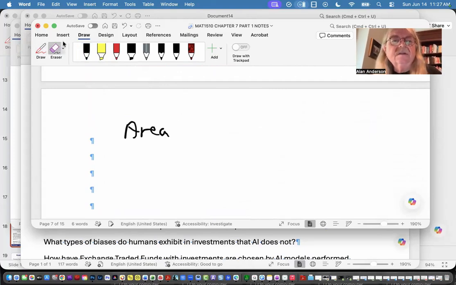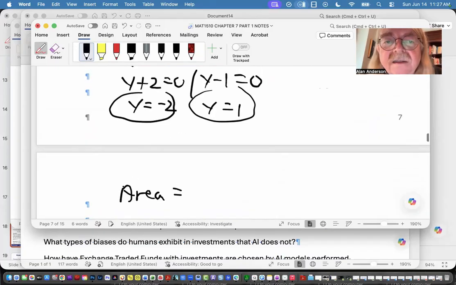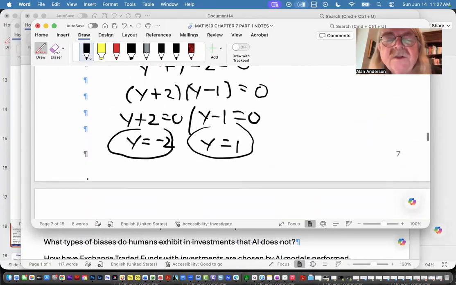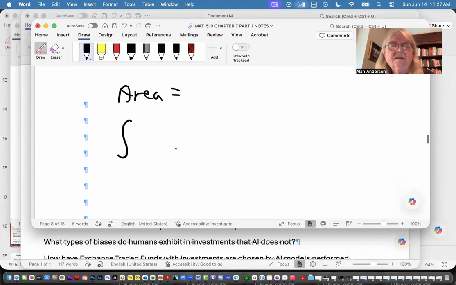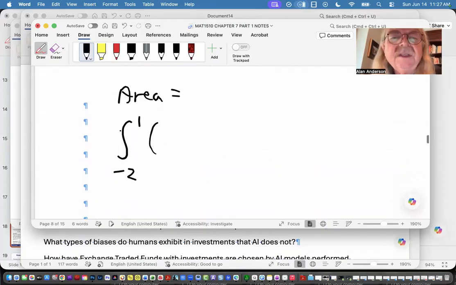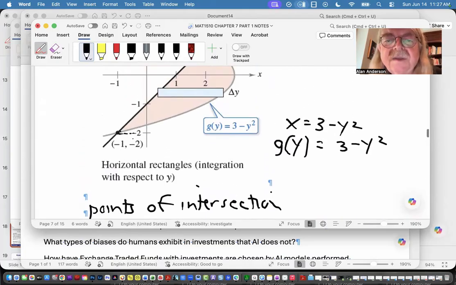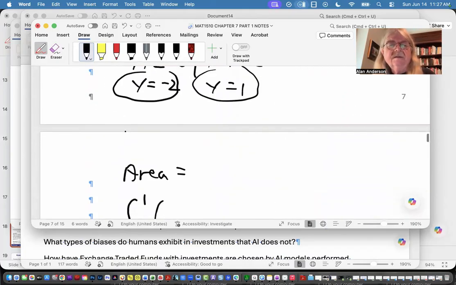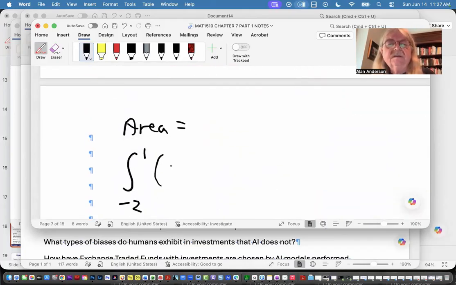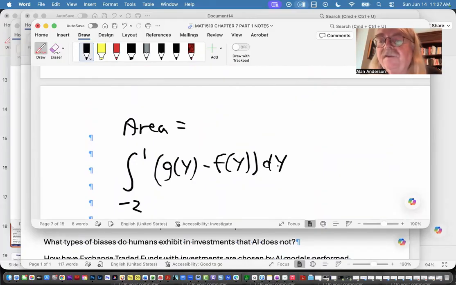Area equals the integral, and we're using the y values, -2 to 1, and because g of y is the curve on the right, that comes first. And then the variable is dy.